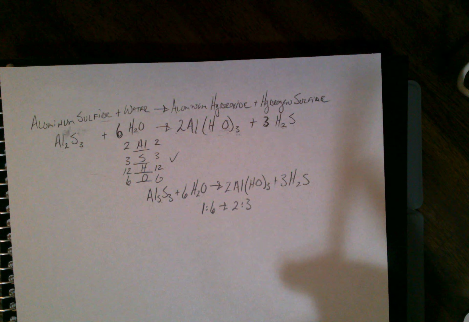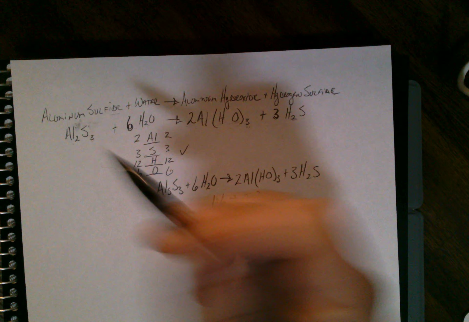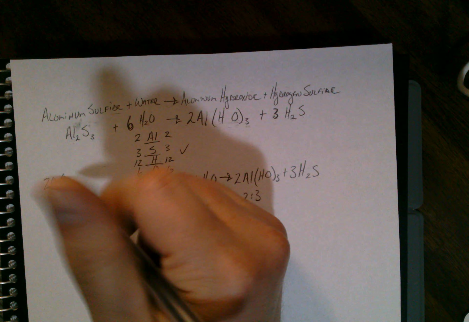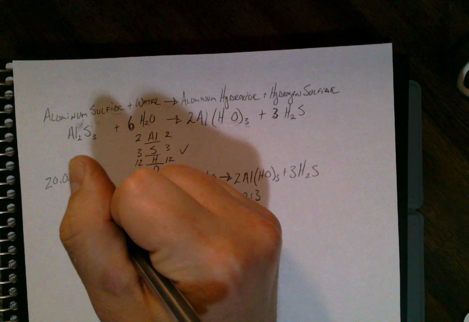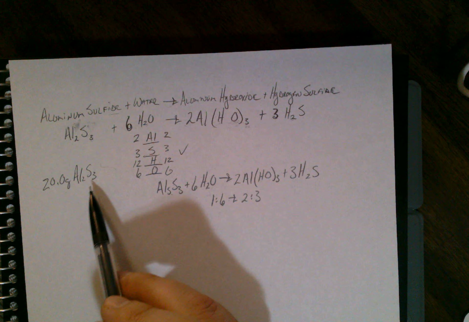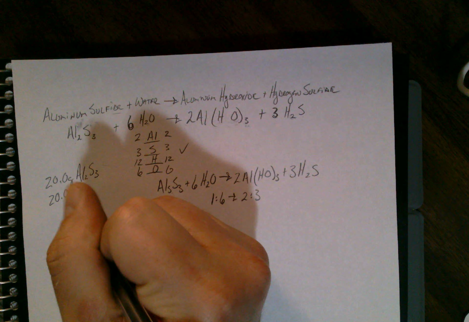So the first thing we want to know, and actually we're just going to jump right into it. If you had 20 grams of aluminum sulfide, okay, so we'll say we have that much aluminum sulfide. We've got 20 grams of it, and we're going to mix that with 20 grams of water.